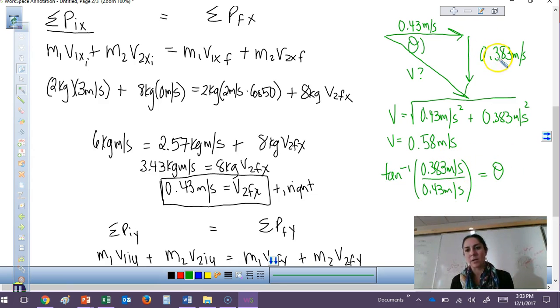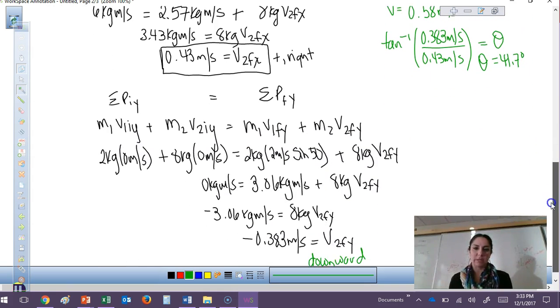Now I ignored the sign again, if you notice right here, because if I put the sign in, it makes it negative, which means it's below the axis, which I know already. So I'm just going to find the magnitude and say below the axis. So inverse tangent of 0.383 divided by 0.43. So the angle is 41.69, so I'm going to round to 41.7 degrees.